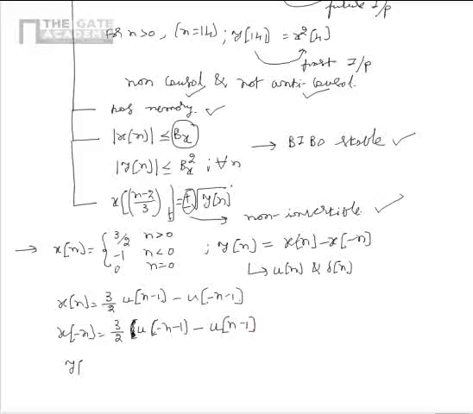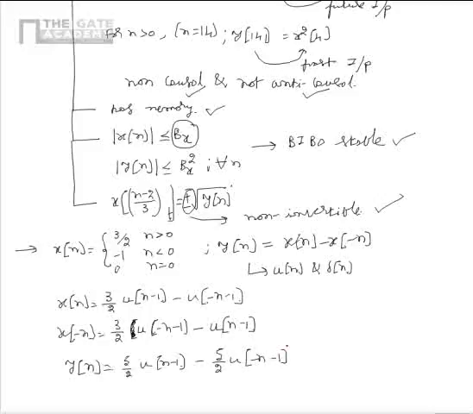So from this, we see that y of n equal to x of n minus x of minus n can be written as 5 by 2 u of n minus 1 minus 5 by 2 u of minus n minus 1.